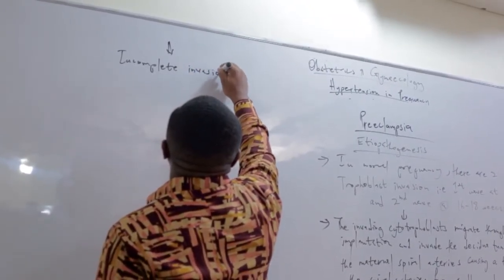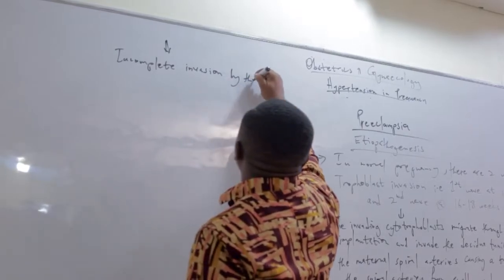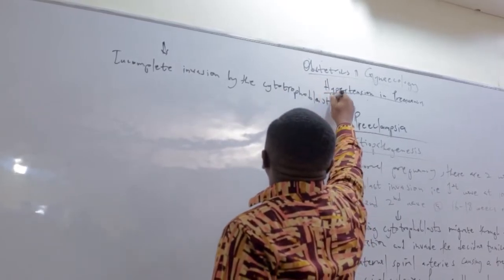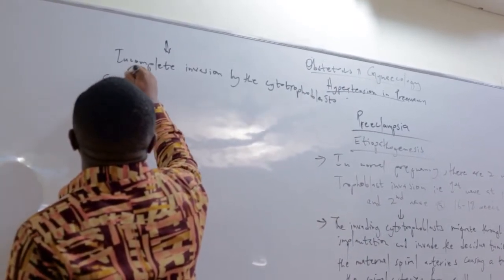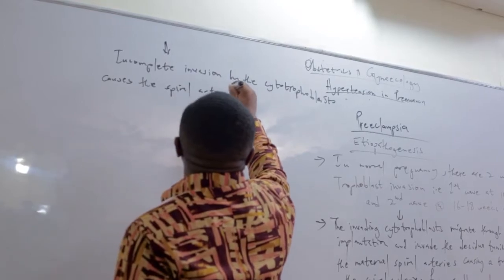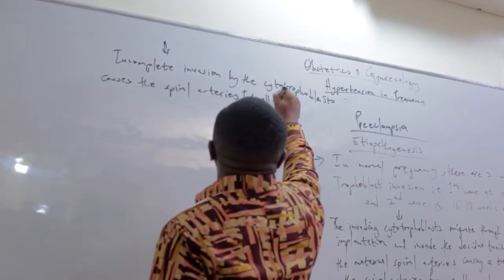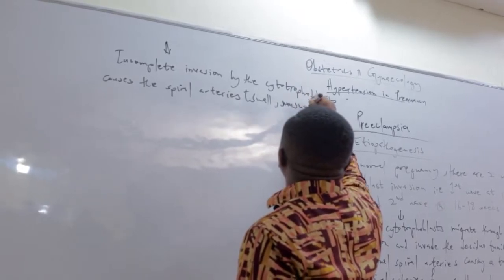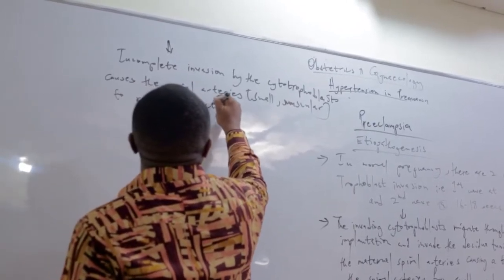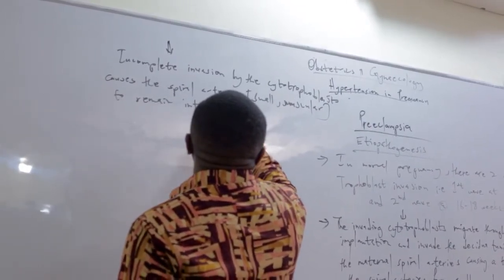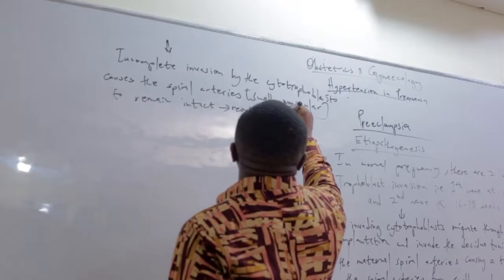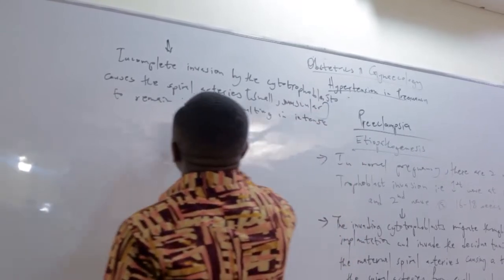Okay, pseudo-vascularization. When the invasion by the cytotrophoblast fails, it causes the small muscular spiral arteries to remain intact, resulting in intense vasospasm.